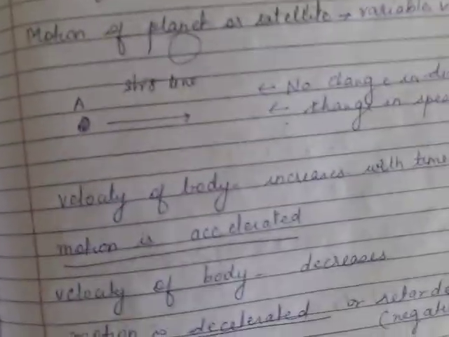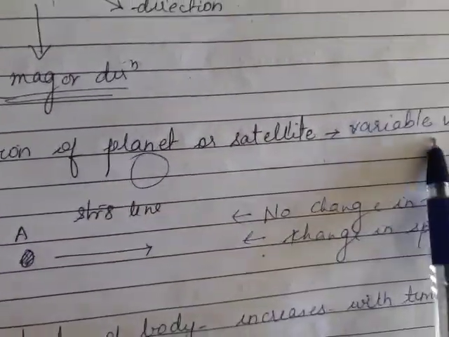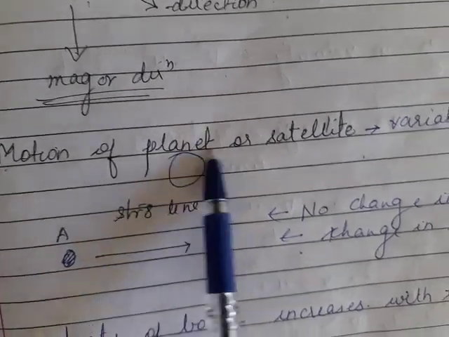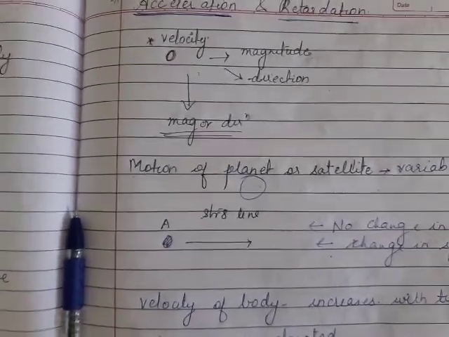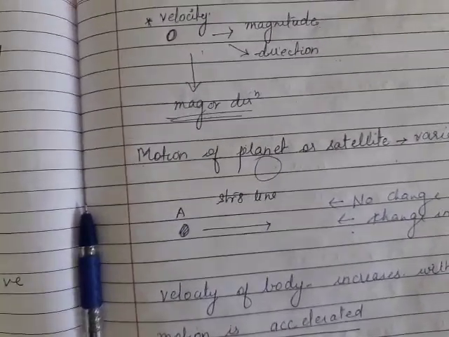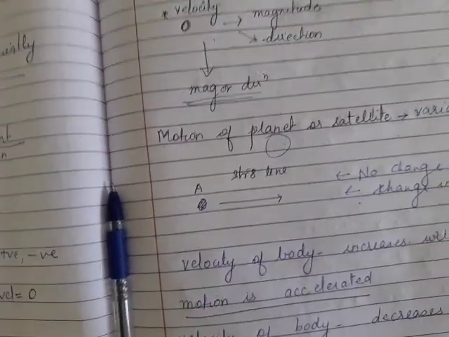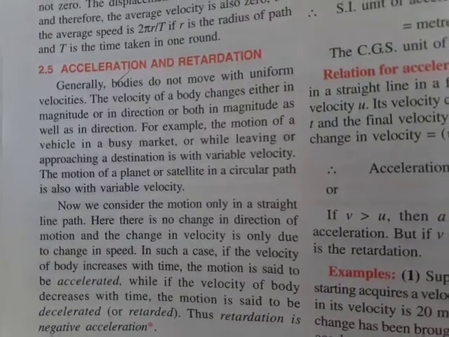Then the motion of a planet or satellite going around is called variable velocity because it's always changing its direction, right? The direction is changing in this, so we say the motion of the planet or the satellite is variable velocity. So before proceeding to acceleration, first understand what variable velocity is. An example is the motion of a vehicle in a busy market or while leaving or approaching a destination.